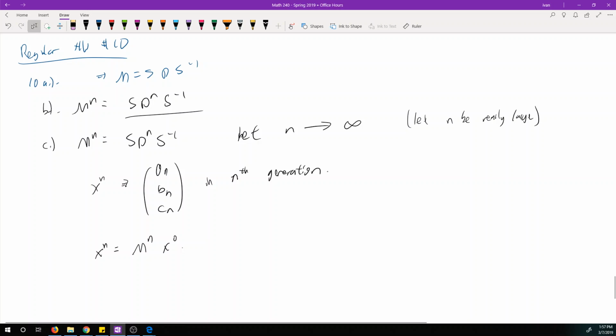Let me just make sure though. Yeah, so xn is equal to M to the n times x naught. So you find what M to the n is as n goes to infinity. If you let x naught be a naught, b naught, c naught, what you really care about is what M^n is when n gets really large.